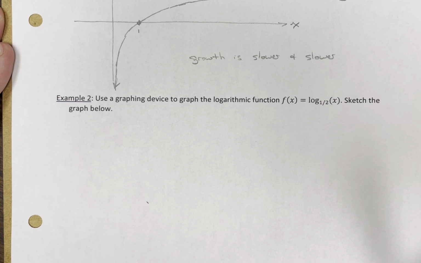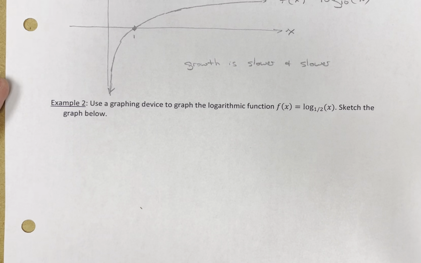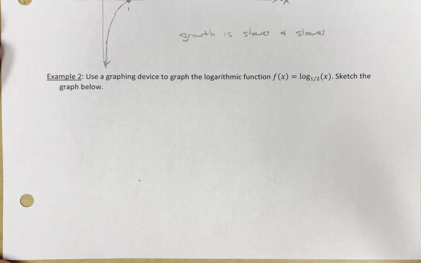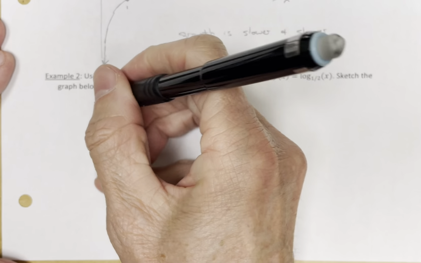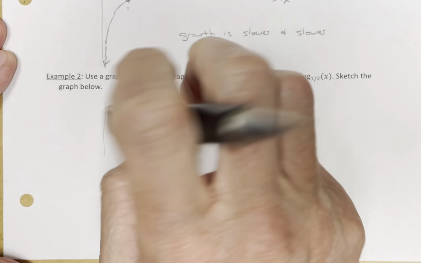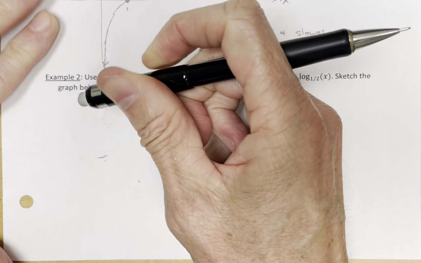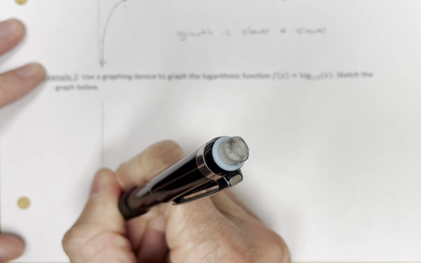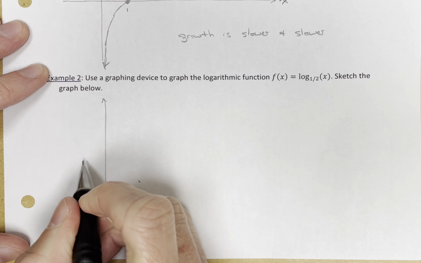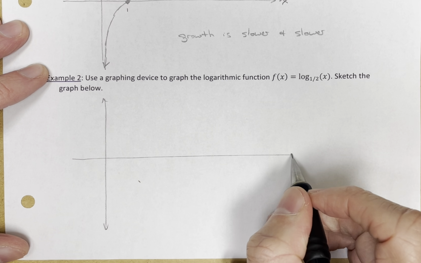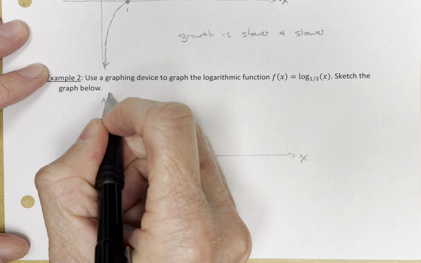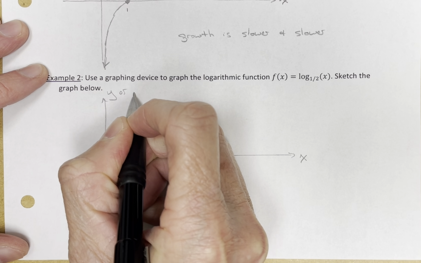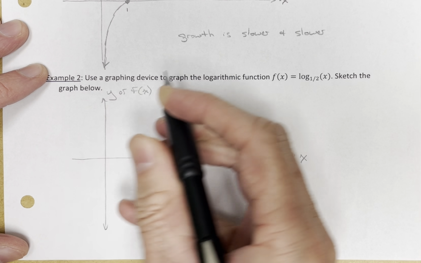So let's sketch that one. Again, I already know we're talking about quadrants 1 and 4. I'll go out like this, and this is my x-axis, and this is my y-axis, or my f of x-axis.